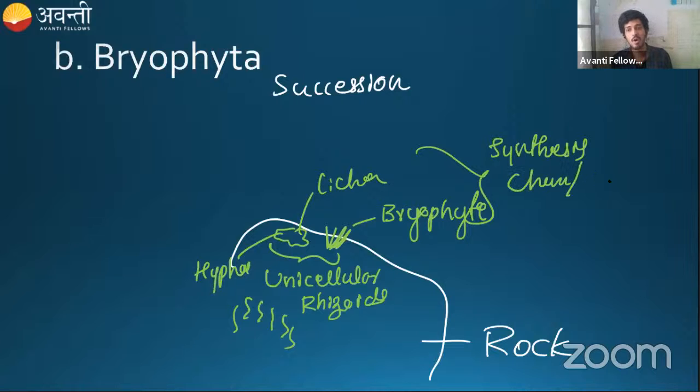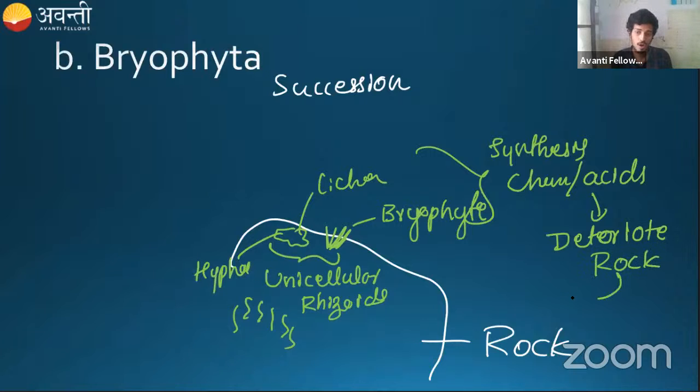These chemicals or acids will deteriorate, meaning destroy, the rock. Deterioration of rock gives rise to smaller particles of rock. These go through the action of wind and all those harsh conditions, and become soil. This is the process of soil formation.